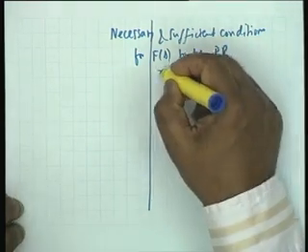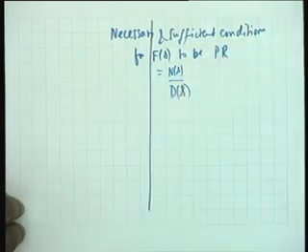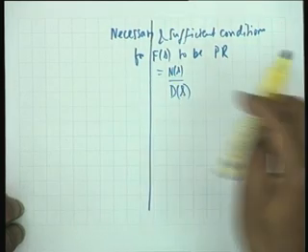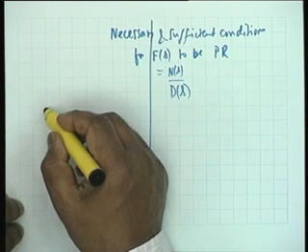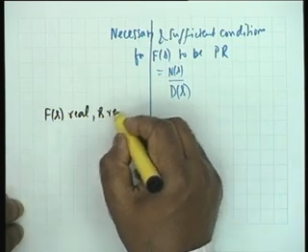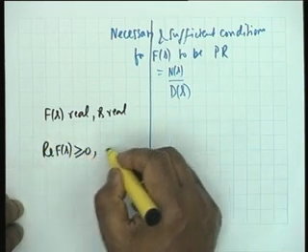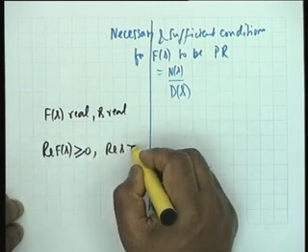And we assume that f of s is N of s by D of s. That is, it is a rational function. And one of the conditions is the definition: f of s real for s real and real part of f of s non-negative for real part of s non-negative.